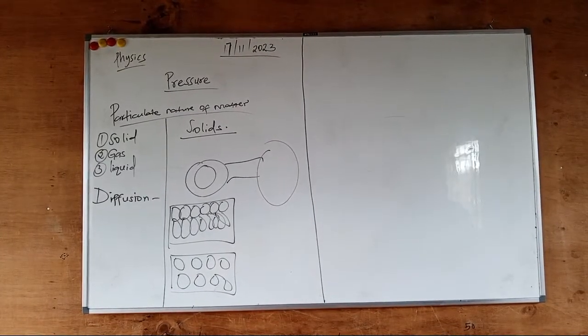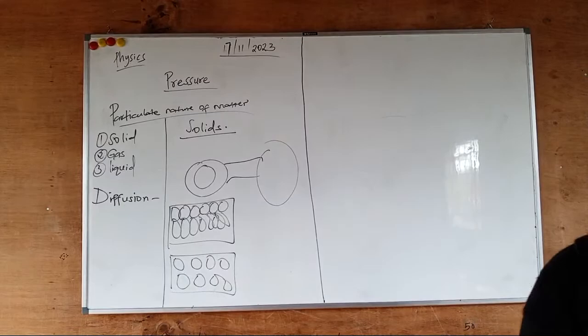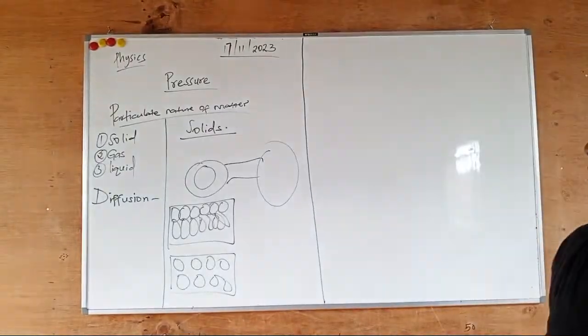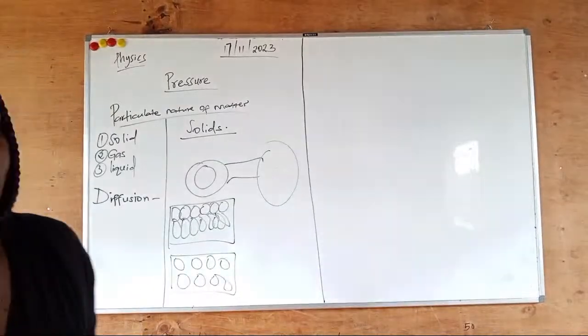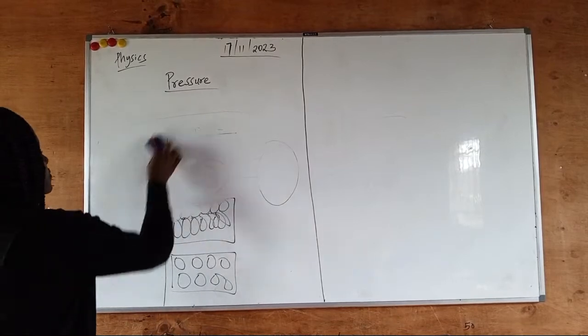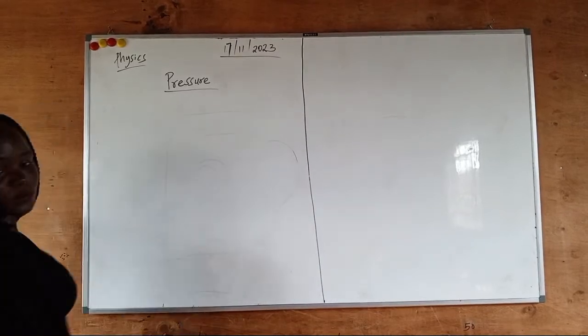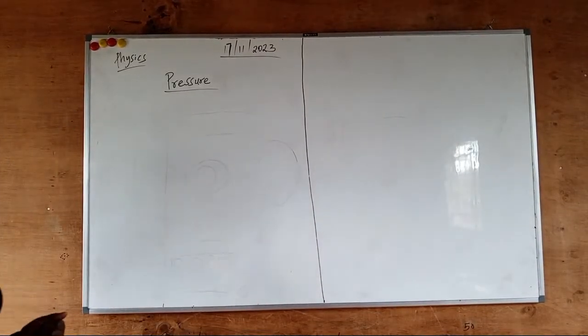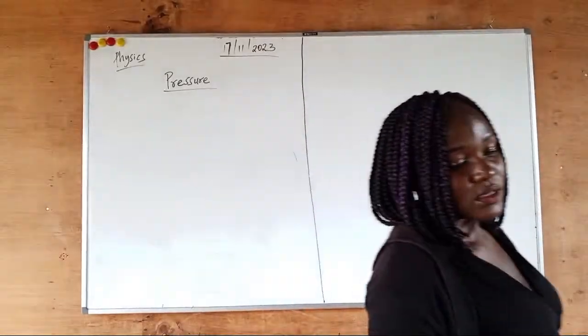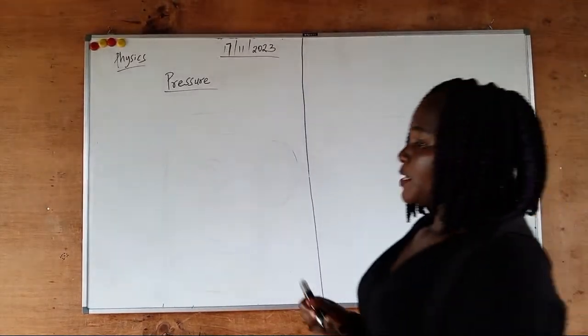What is pressure? Define pressure. Pressure is defined as the force per unit area. That is mathematically defined as the force per unit area.